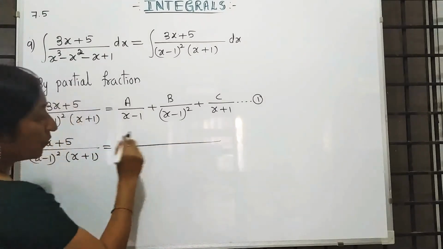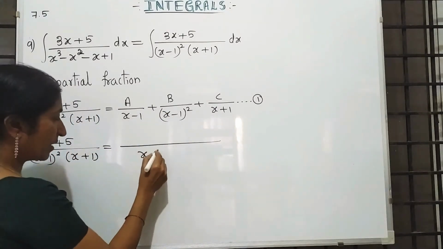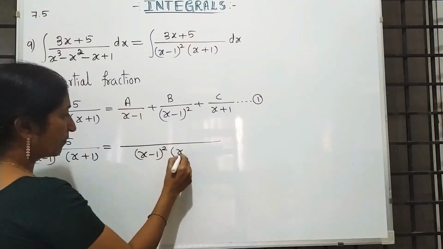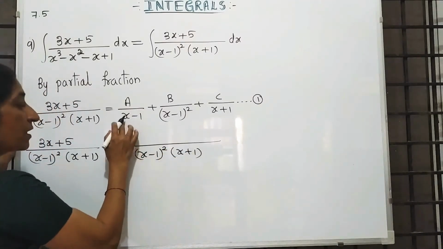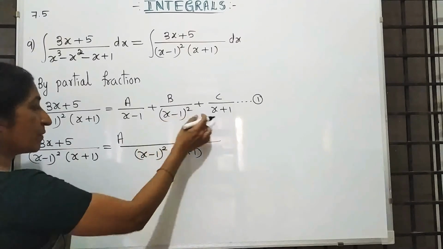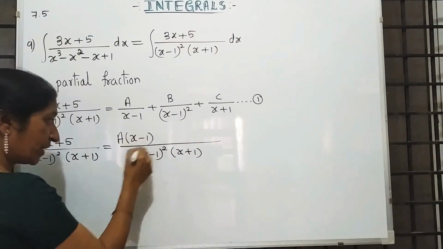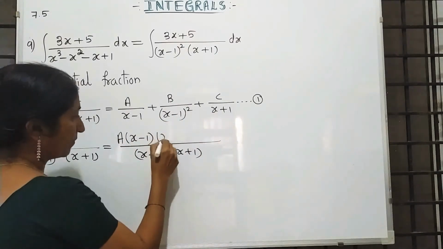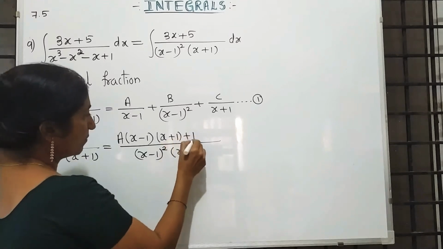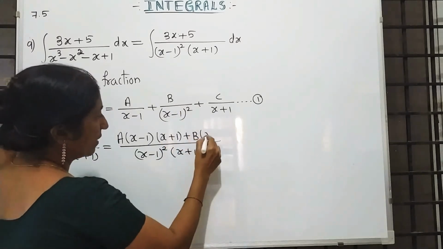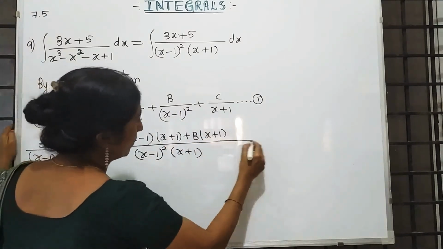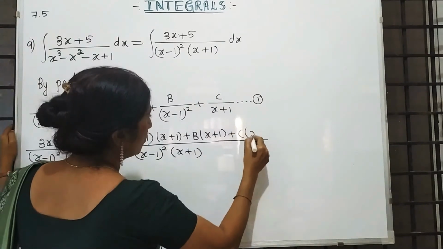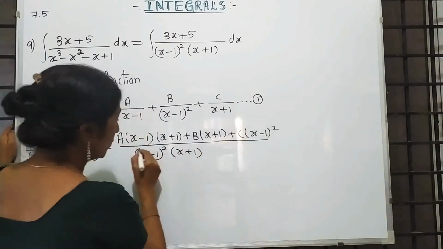Next, 3x plus 5 upon x minus 1 whole square into x plus 1. Take the LCM for right side. Highest term is x minus 1 whole square into x plus 1. Here only one term is there. It is multiplied with one more term of x minus 1 and x plus 1, plus b. Highest term is already there. It is multiplied with x plus 1, plus c into x minus 1 whole square.